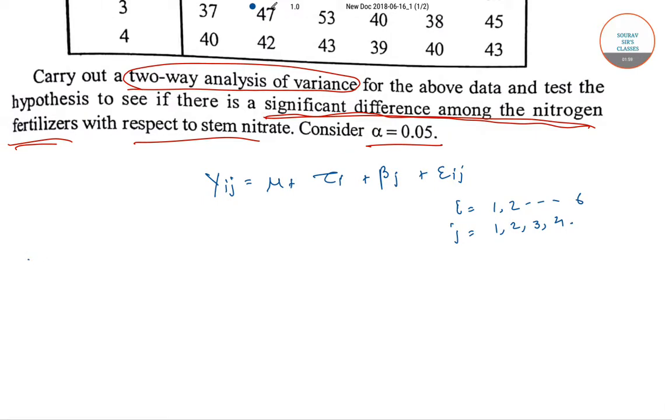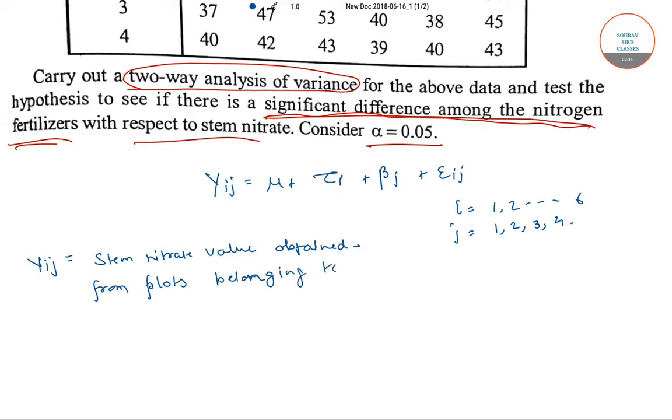Now here Yij is the stem nitrate value obtained from plots belonging to the jth group under the ith nitrogen fertilizer.